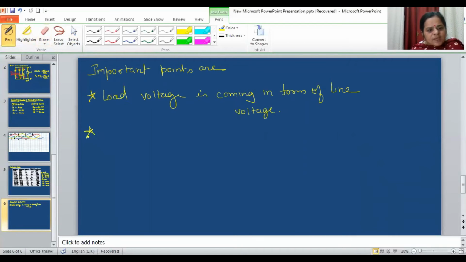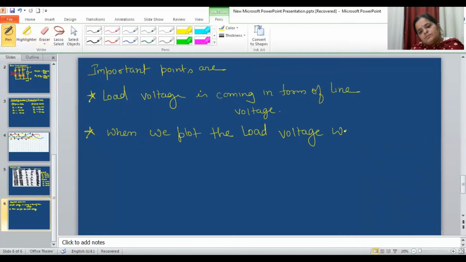Now the second thing is, when we plot the load voltage waveform, we can plot it on line voltages.